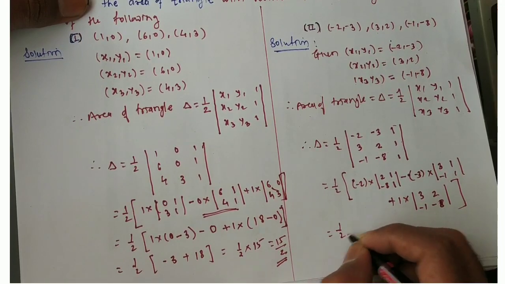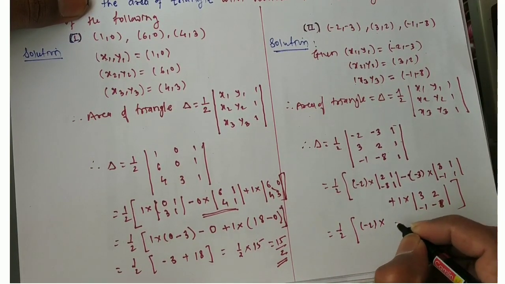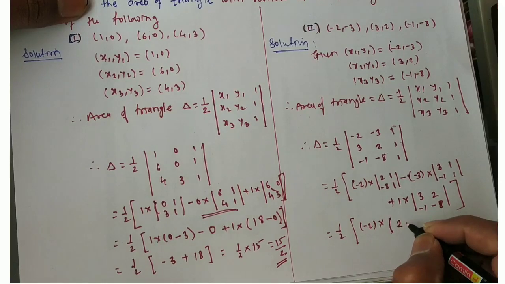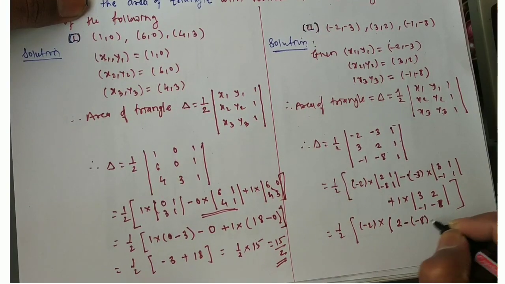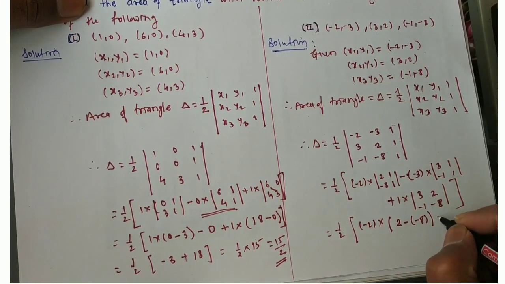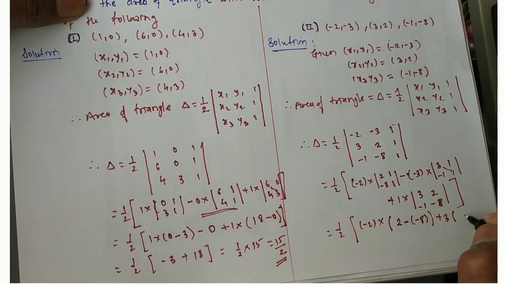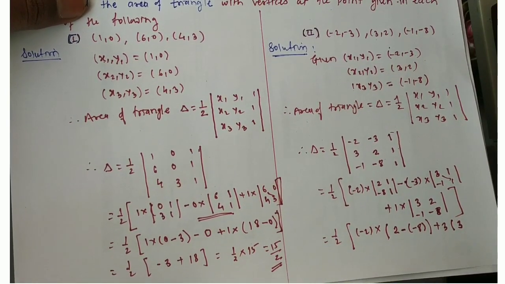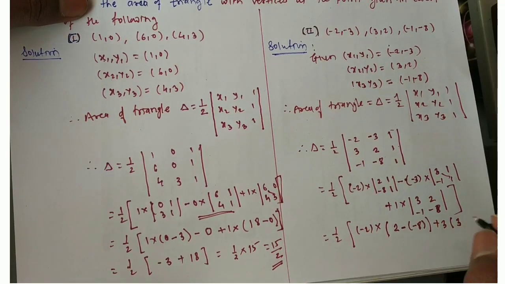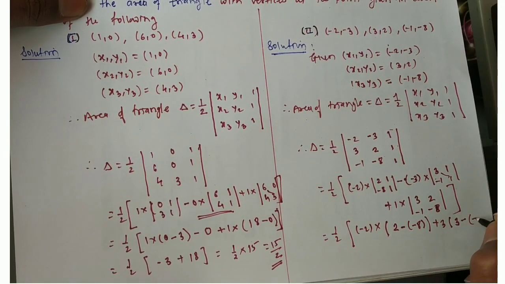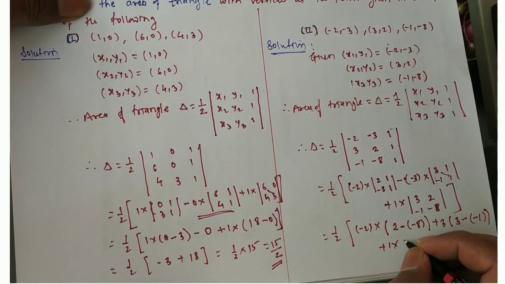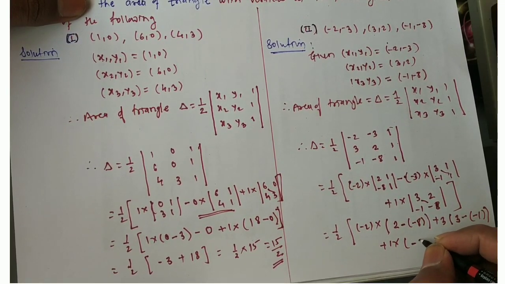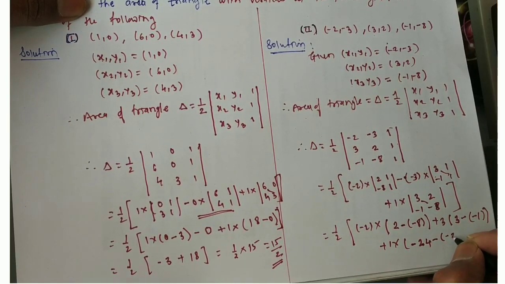So this is equal to 1 by 2 times minus 2 into (2 ones are 2, and minus 8 ones are minus 8; this minus minus becomes plus), plus 3 into (3 ones are 3, and next minus 1 into 1 is minus 1), plus 1 into (3 into minus 8 is minus 24, and this minus and 2 into minus 1 is minus 2).